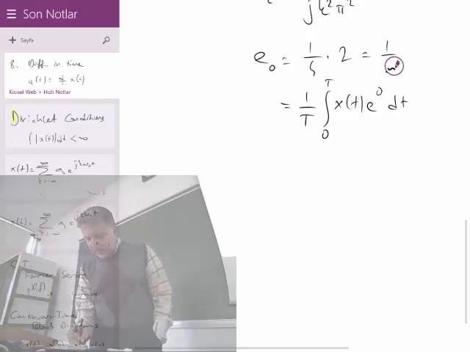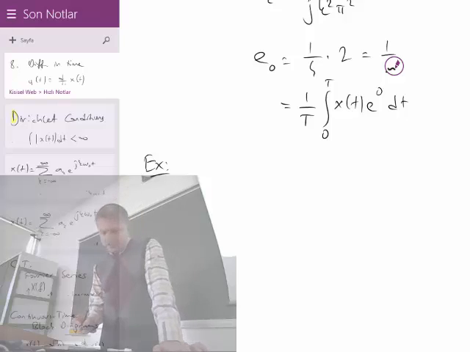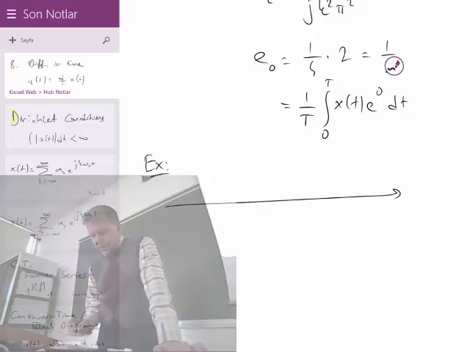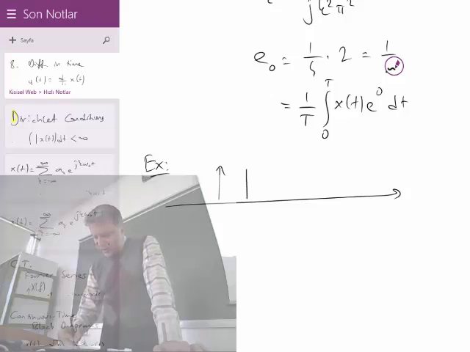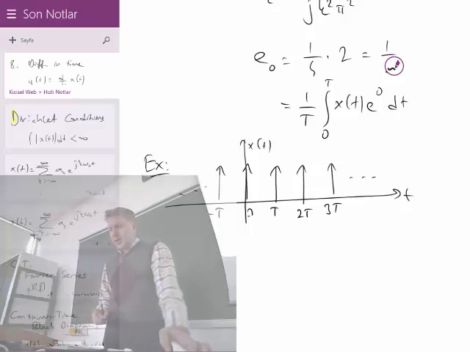Now another, a little bit more interesting question. Our signal x of t is an impulse train, with impulses on the t-axis that are separated by a period of capital T. Like this.